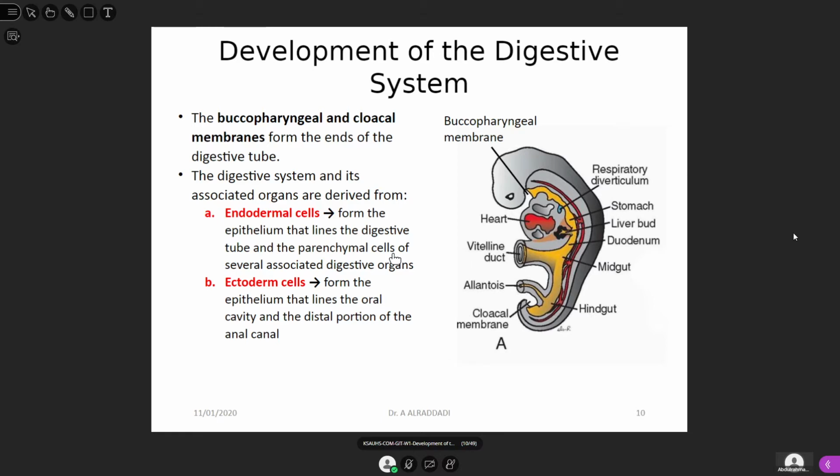The ectoderm cells will form the epithelium that lines the oral cavity, the beginning of the gastrointestinal tract, and the end of the gastrointestinal tract, which is the distal portion of the anal canal. So all the epithelium of the gastrointestinal tract will be formed by the endodermal cells, except the beginning and the distal end, which will be formed by the ectoderm cells.